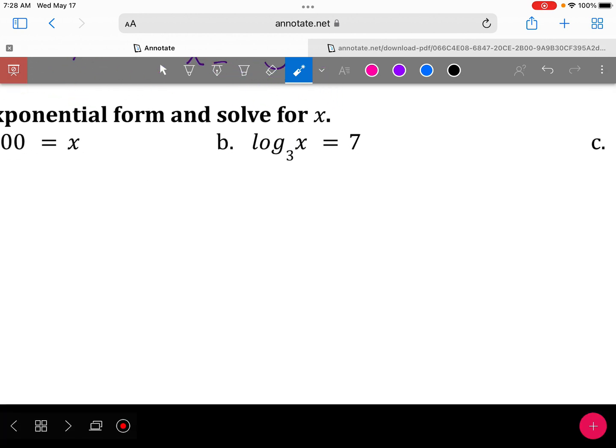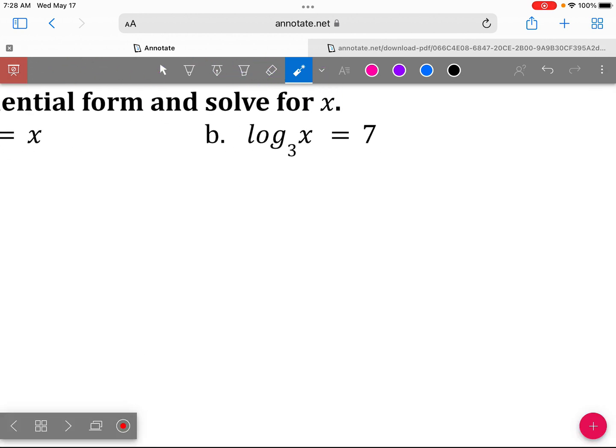For the second one here, we're going to use the same kind of process. We're going to take log base 3 of the argument equals the power. So rewriting this, we get 3 to the 7th equals x.